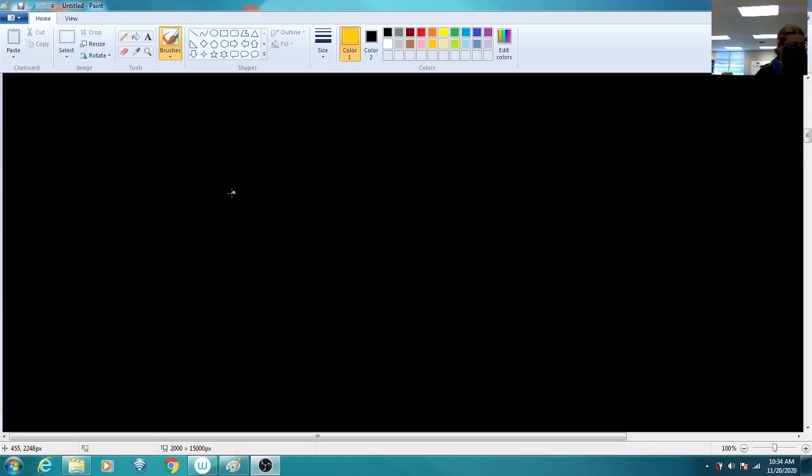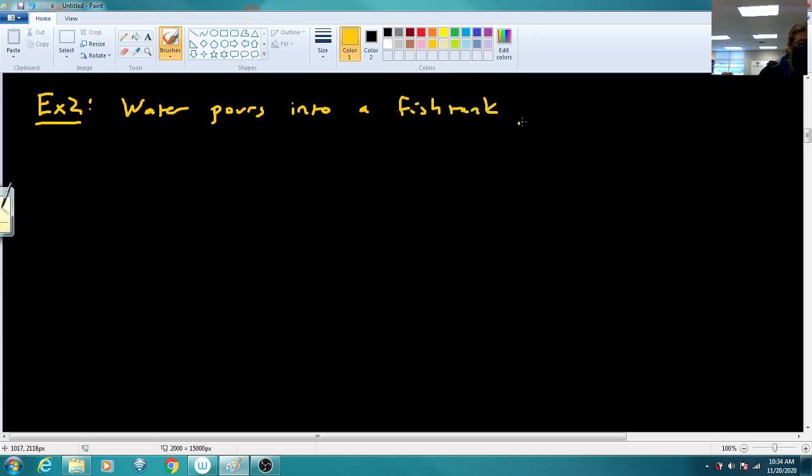Okay, the next two examples we're going to look at involve filling tanks. So we've got this example 2. Basically, water pours into a fish tank at a rate of 0.3 cubic meters per minute.